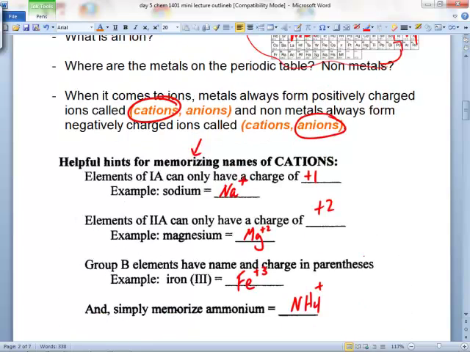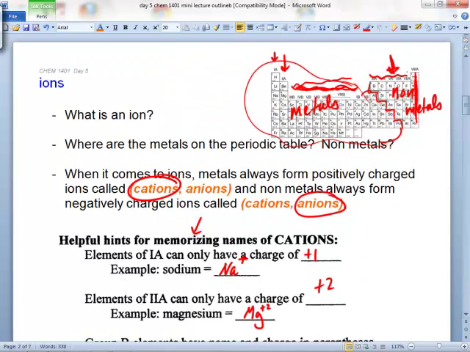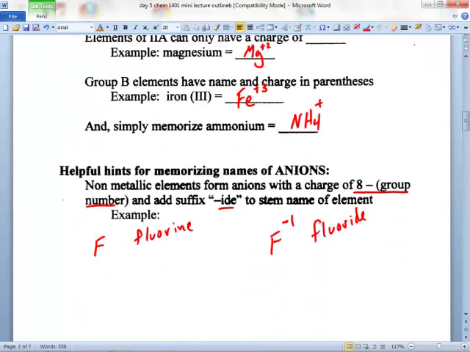So you can always take 8 minus the group number, or just count over to the nobles. For me, counting over to the nobles is faster than doing math. For example, if you have N, when I write its ion, you could count over to the nobles. Find N. Where's my little laser pointer?